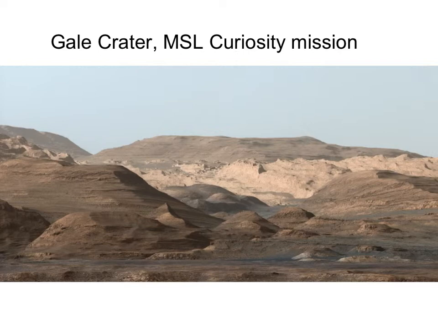And this is not quite an accurate color picture. This has been white adjusted to appear the way the landscape would look on Earth, so that geologists can look at it and apply their understanding of Earth formations to an analysis of what the images are showing.